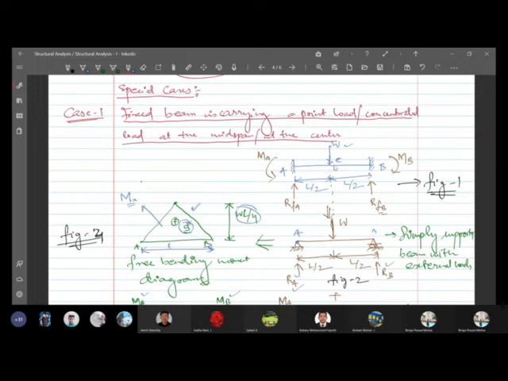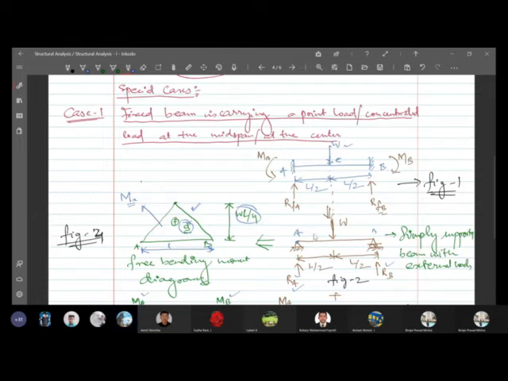Now in the next case, let us say the concentrated load is at a distance A or B from the supports A and B. It means that there is no symmetry. Then what will be the slope, the deflection, and the maximum bending moment? We need to find it out.